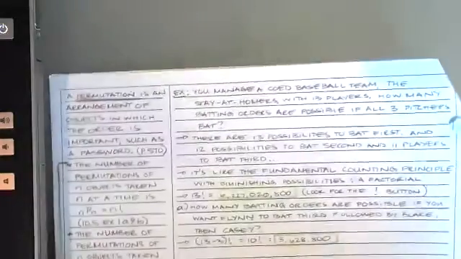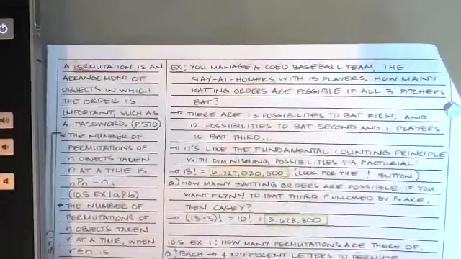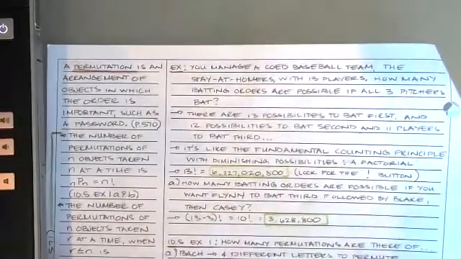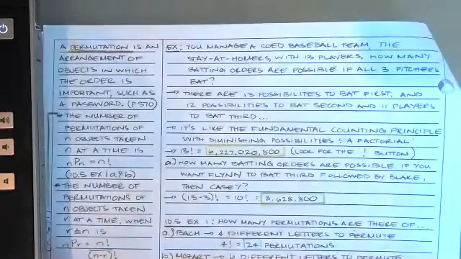So here's this example. You manage a co-ed baseball team, the stay-at-homers, with 13 players. How many batting orders are possible if all 13 players bat? So we've got 13 possibilities to bat first and 12 possibilities to bat second, 11 players that can bat third.